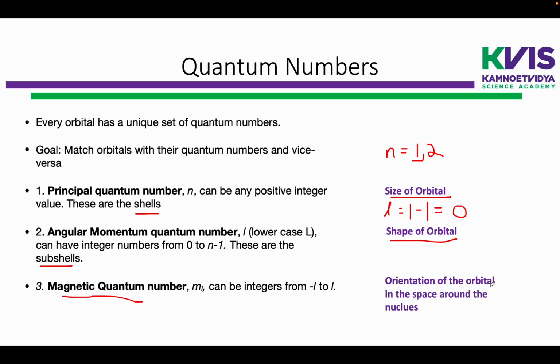This will tell you the orientation of the orbital in 3-dimensional space. For example, if n is equal to 1, L is equal to 0, then m is equal to 0, which means no matter how I orient this orbital in 3-dimensional space, it's the same orbital.